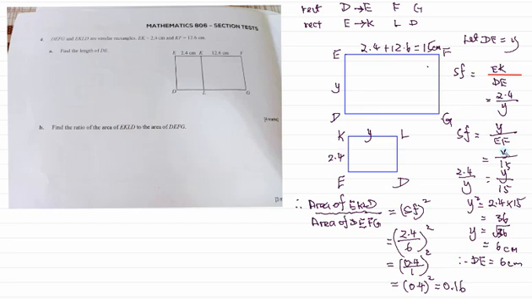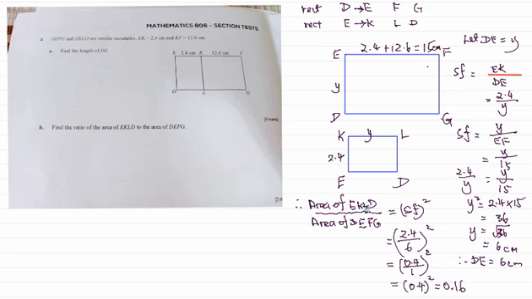EF is the addition of 2.4 and 12.6, which is 15. Now, if these two rectangles are similar, the scale factor has to be the same. So 2.4 over Y equals Y over 15. From here you cross multiply and you get the value of Y. Therefore DE is equal to 6.